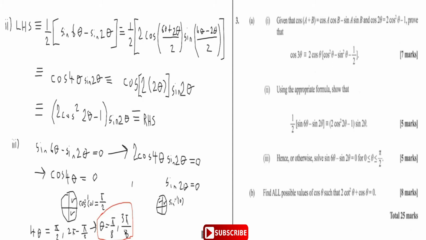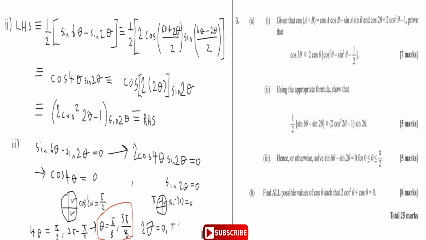And so if it is 0 in this quadrant, it's going to be pi minus 0 in this quadrant, which is pi. So what we're getting in our values for theta over here is, this is 2 theta. We're getting 2 theta is equal to 0, or 2 theta is equal to pi.